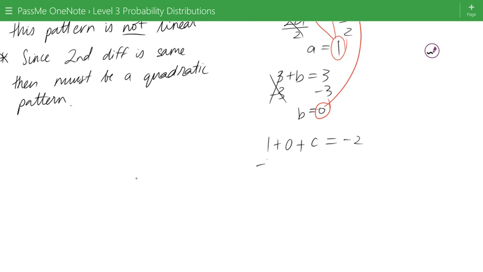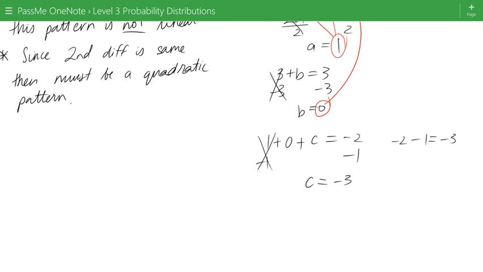So let's subtract 1 from both sides, so 1's are gone. 0 plus c is c, and negative 2 minus 1 is going to equal negative 3. No double negatives here, the negatives are all by themselves. So c is negative 3.